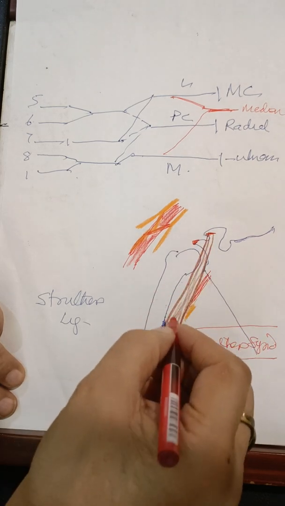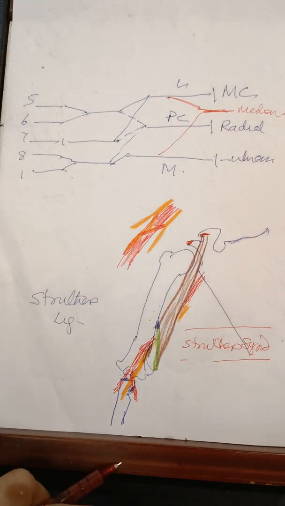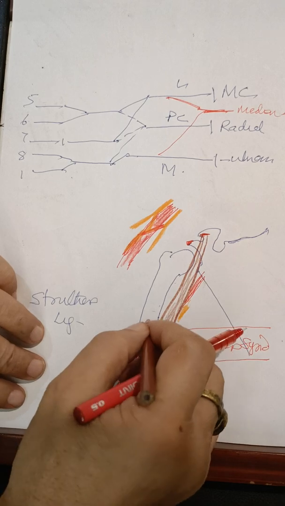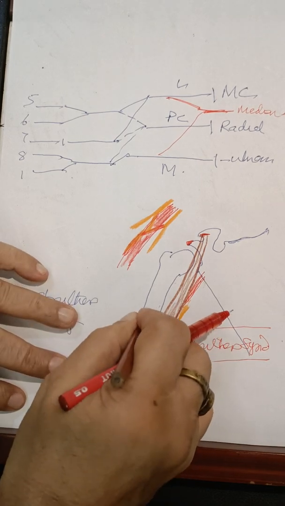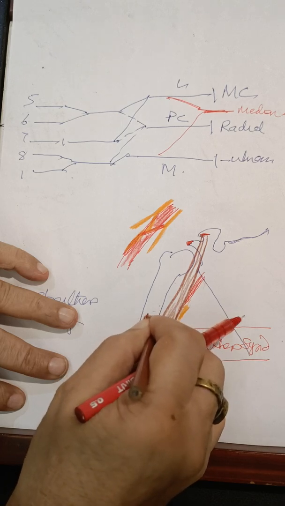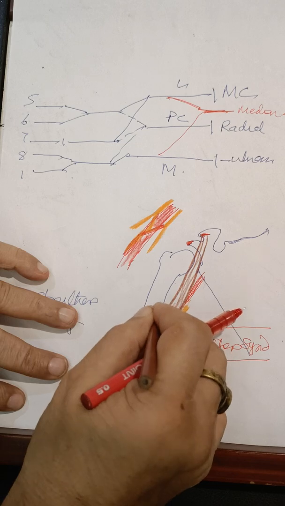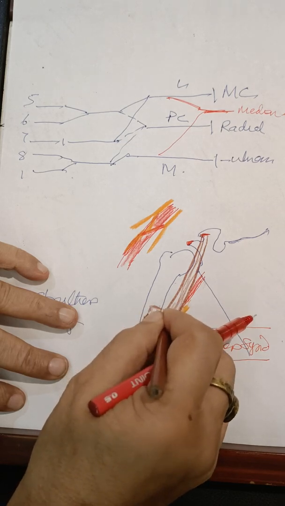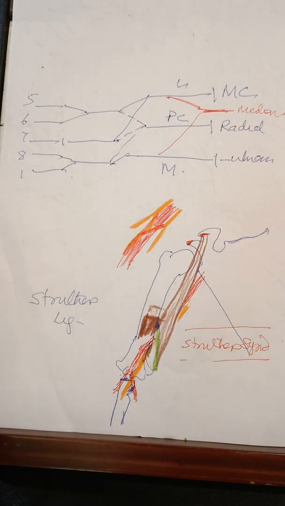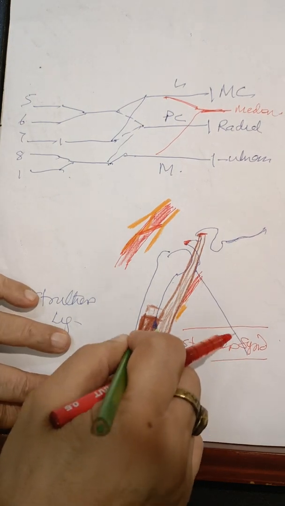You have the biceps muscle, and this biceps muscle is somewhere here, superficial to the brachialis. Brachialis is here, all right, and this biceps muscle has an aponeurosis.